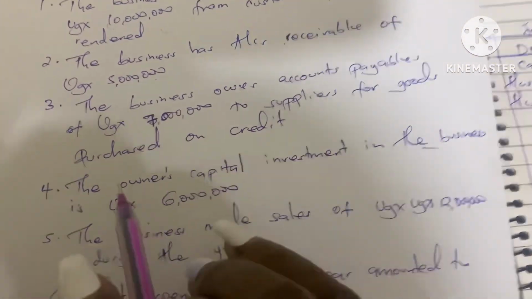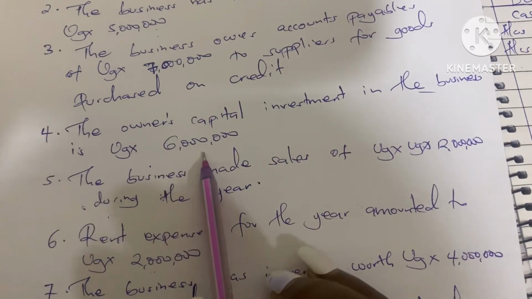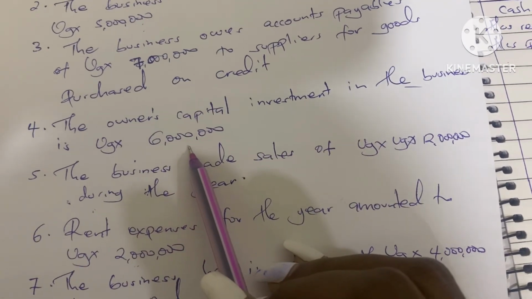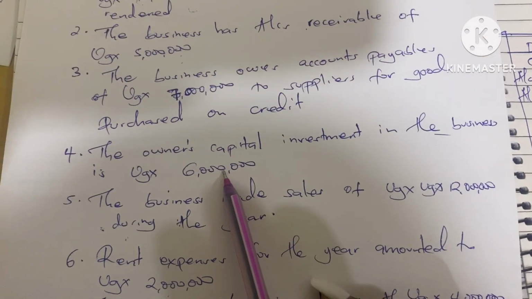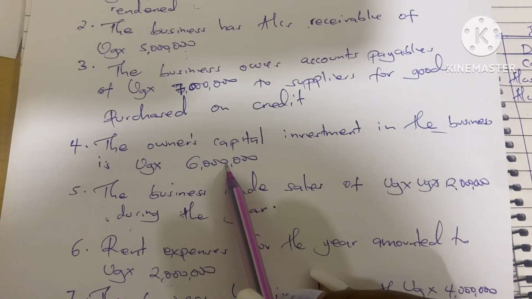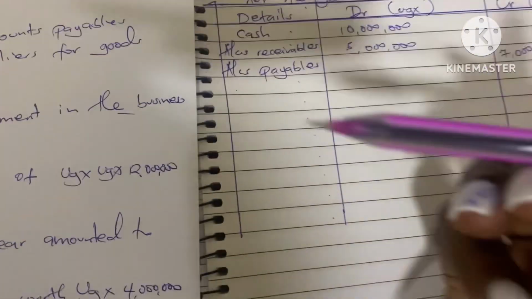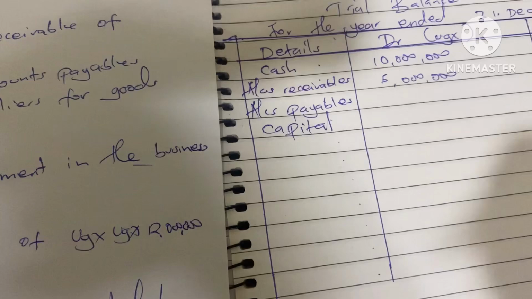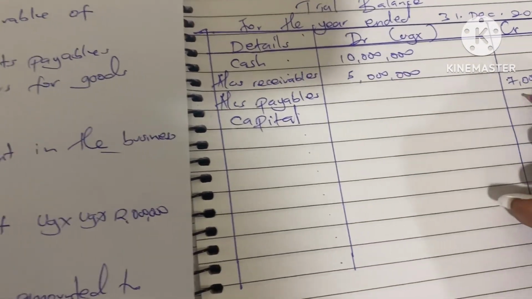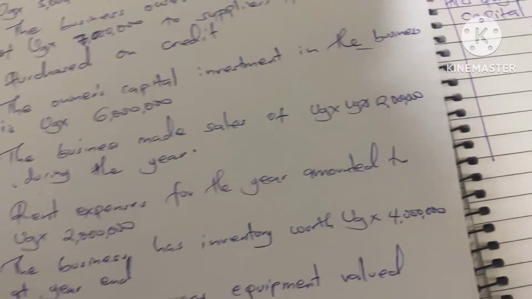Then the owner's capital investment into the business is 6 million. So that is capital. It is 6 million. We said capital is also credited. So we put it on the credit side, which is 6 million.